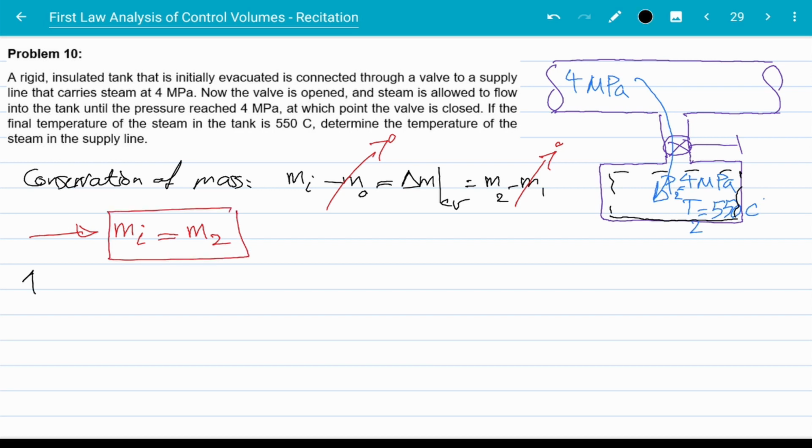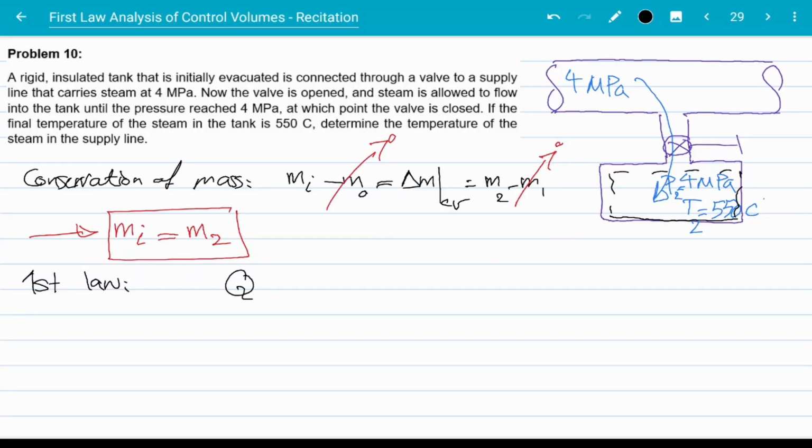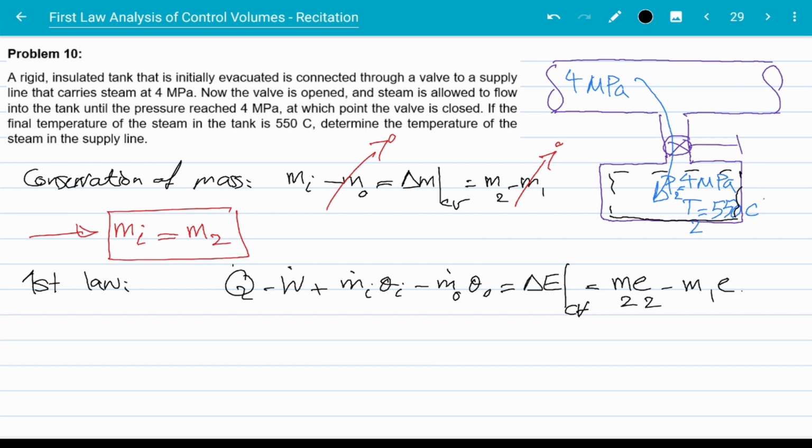Now we can move to the first law. Q dot net minus W dot net plus everything coming in minus everything going out is equal to the change of energy of our control volume, which can be written as m2 e2 minus m1 e1.